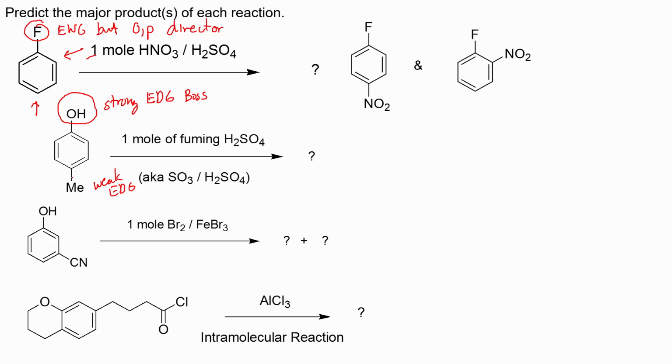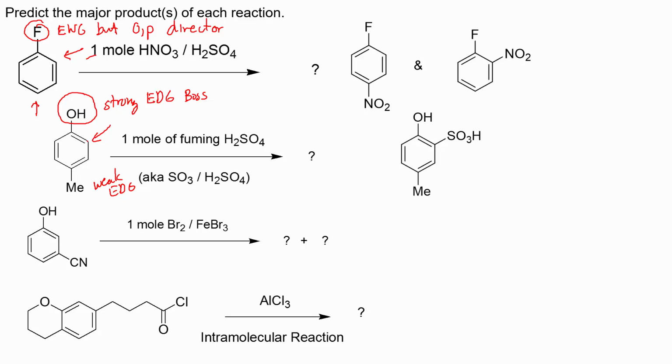We can't add para because something's already here, this methyl group, so it's blocked. So this is the only place that it can go. And the product of this reaction, fuming sulfuric acid, is a sulfonic acid. So this is the product of that reaction, the ortho sulfonic acid that you see here.